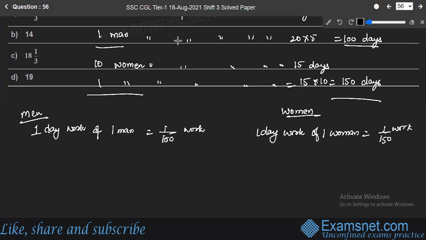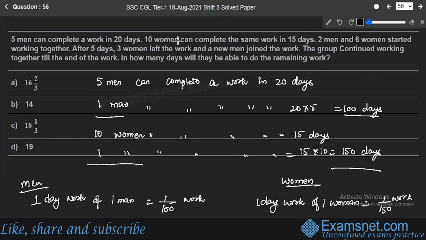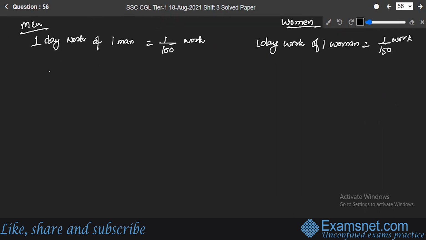Correct. Okay, now let's go back to the question. It says 2 men and 6 women started working together. So now 2 men and 6 women were working.